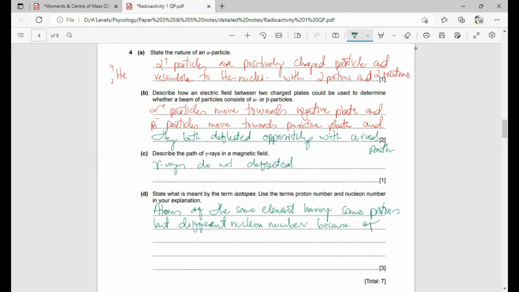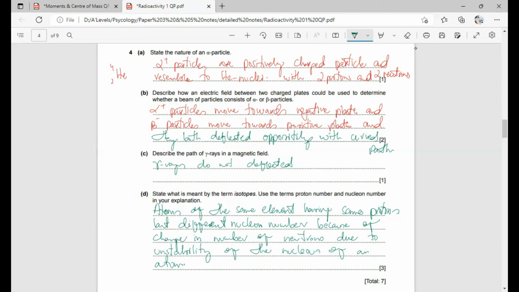Because of a change in the number of neutrons due to instability of the nucleus of an atom.